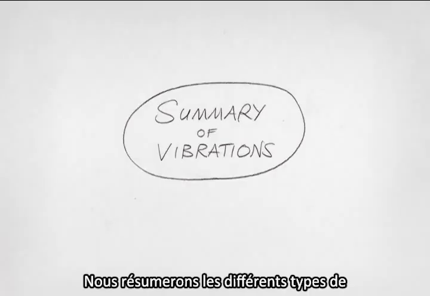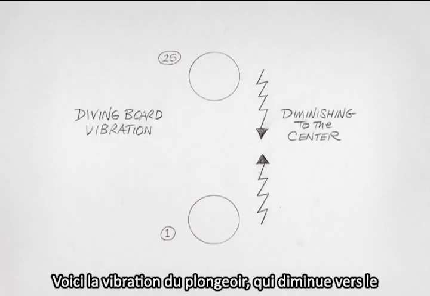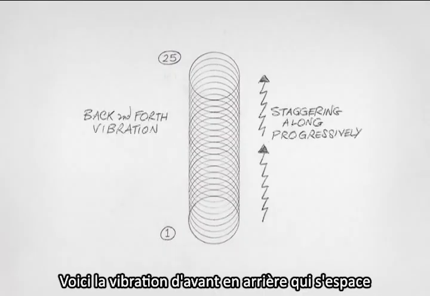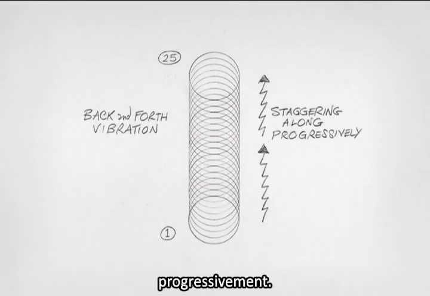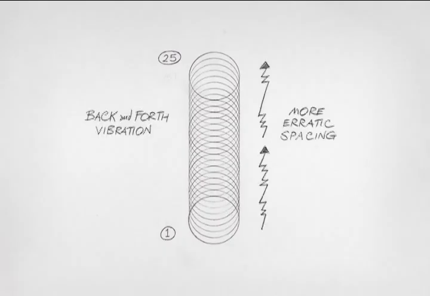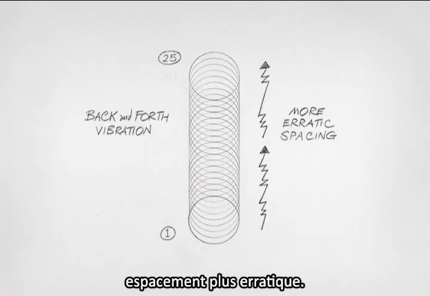We'll summarize the different types of vibrates. Here's the diving board vibration, which diminishes to the center. Here's the back and forth vibration that staggers along progressively. Here's the back and forth vibration with more erratic spacing.